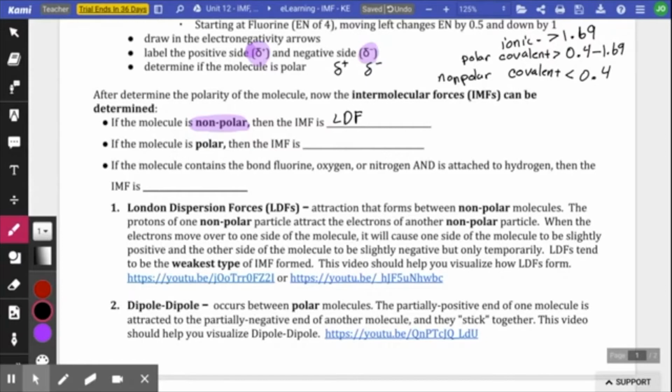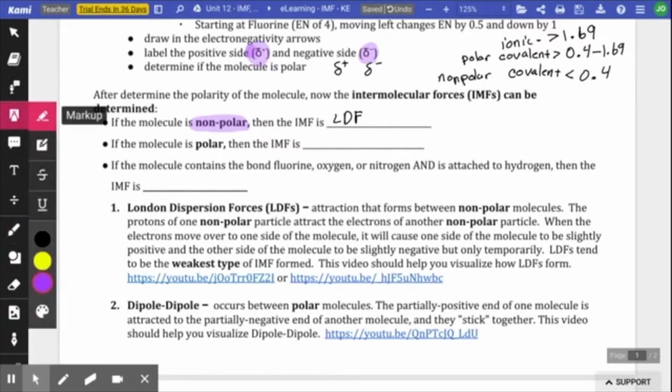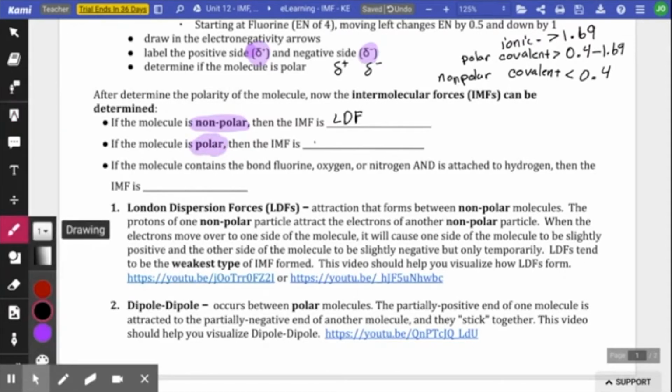Next, if you see that your molecule is polar, there are two things it could be. Probably, if it's just polar, it's going to be dipole-dipole. Now, if you notice that that molecule is polar and it's got a hydrogen bonded with a fluorine, oxygen, or nitrogen, then that's when your hydrogen bond comes into play.